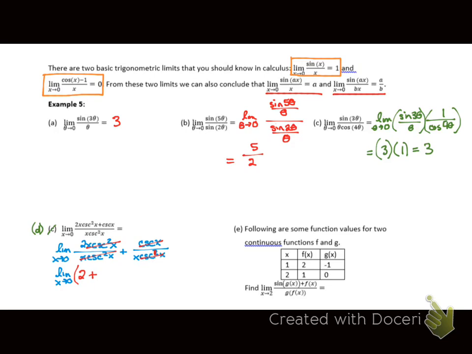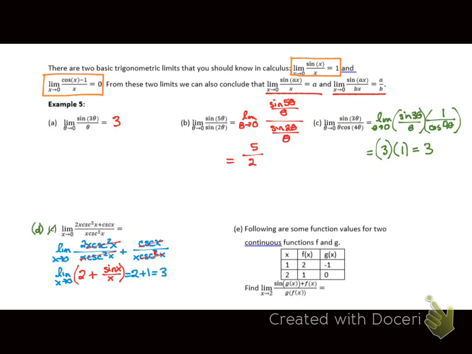So it's 1 over x cosecant x. Well, cosecant, if you remember, is the reciprocal of sine. So I really have sine x over x. And I know what that limit is, it's 1. So I get 2 plus 1, which is 3.